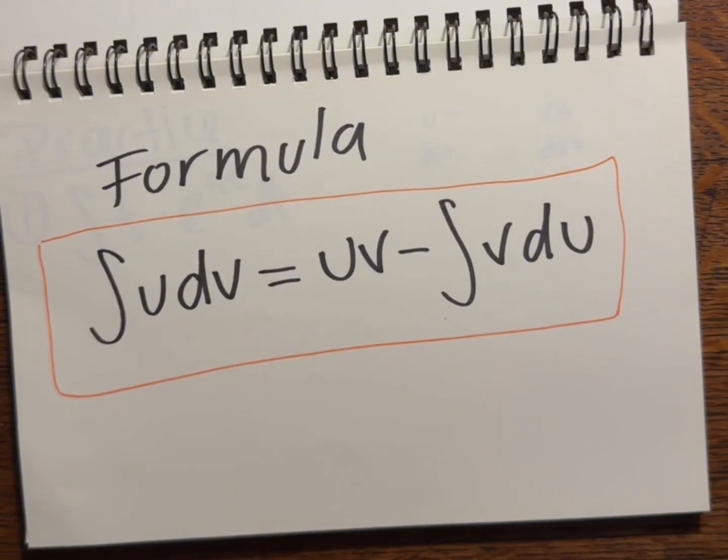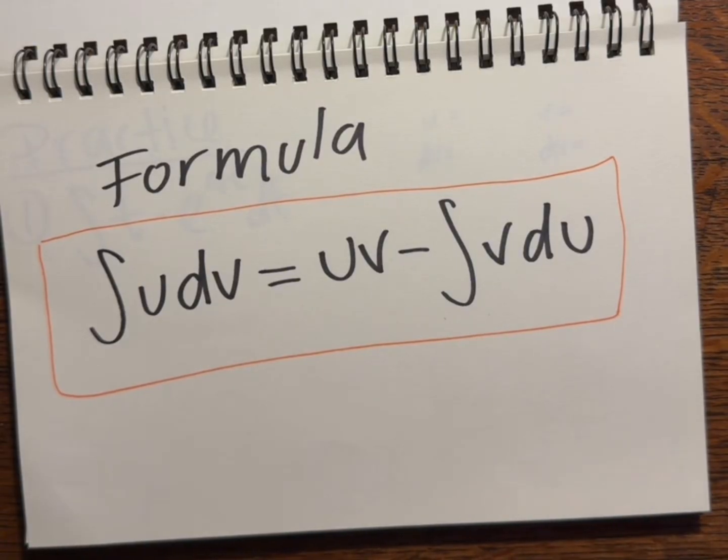Okay, and this formula has not been easy for me to memorize, so I spent some time trying to develop a mnemonic phrase to help remember it. I did find one in Spanish, so I'm going to share that one first, and then I'm going to share the one that I came up with.